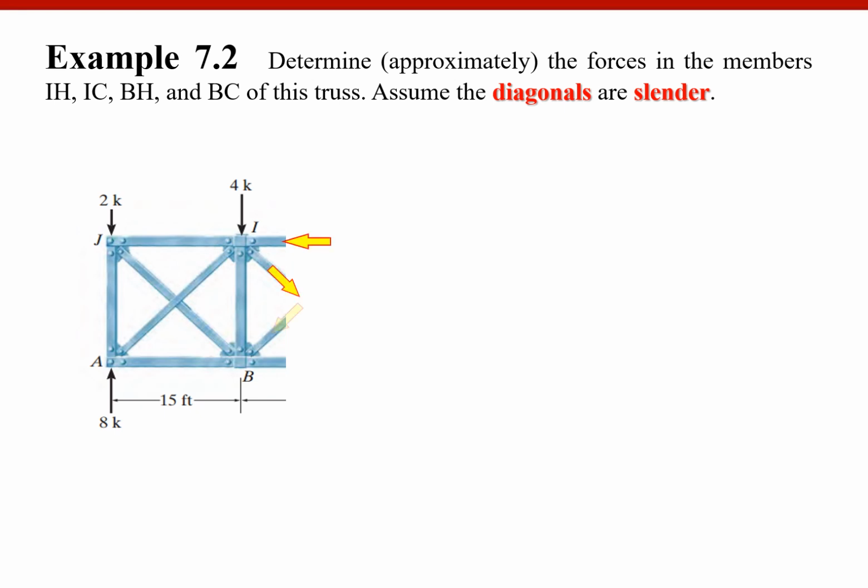Wherever you cut the member, there will be member forces, internal forces. These four internal forces are in equilibrium with these 1, 2, 3 external forces. Four unknowns, so we need one more additional equation.